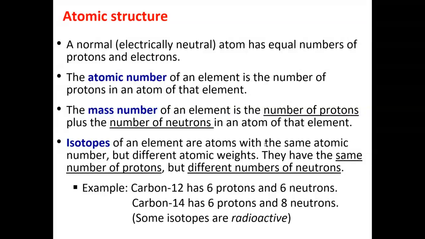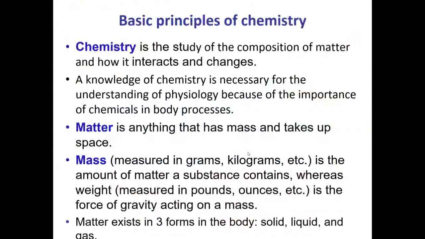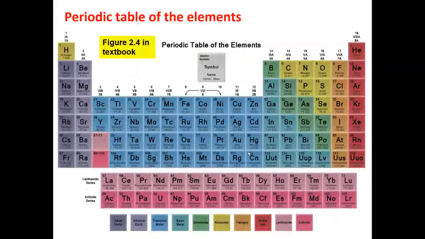But there's a tiny number of carbon atoms out in the universe that have 8 neutrons. And there's some that have 7 neutrons. And so we call them carbon-14 and carbon-13. They have a different mass number. So this number here, it's carbon.